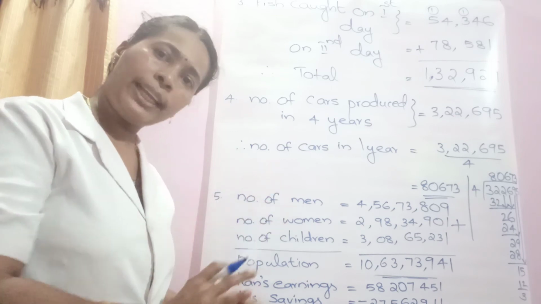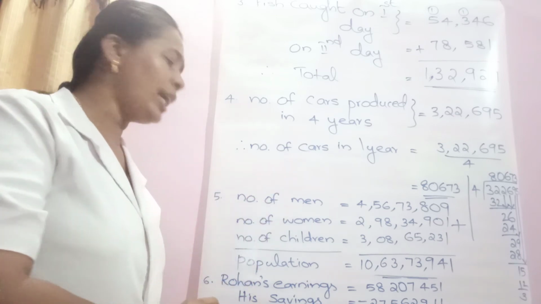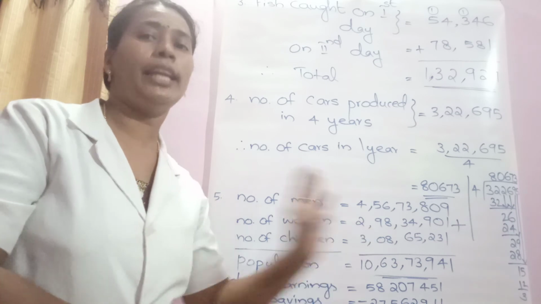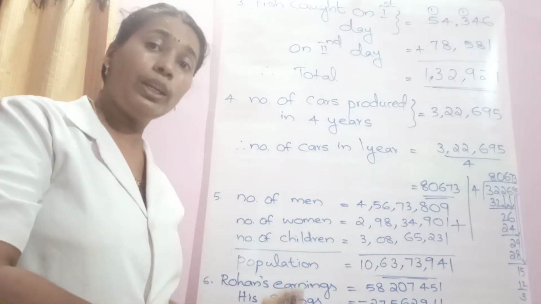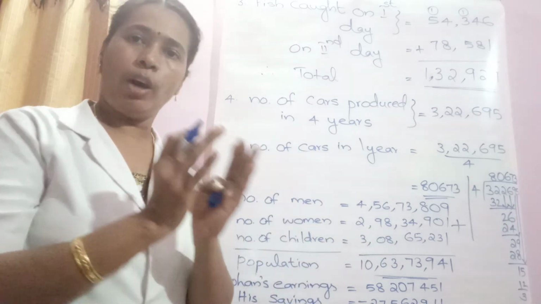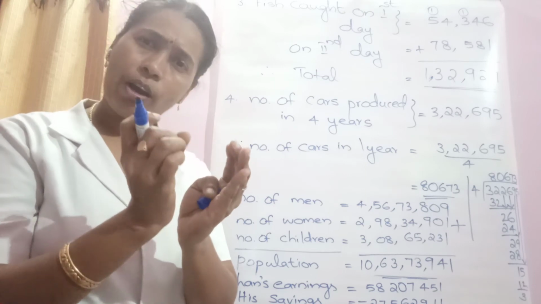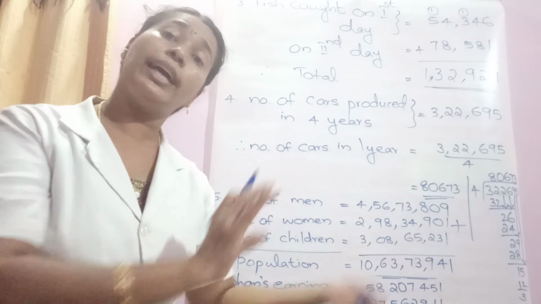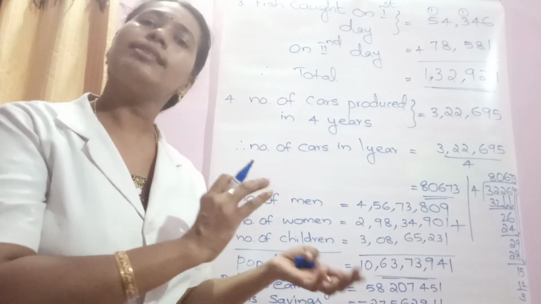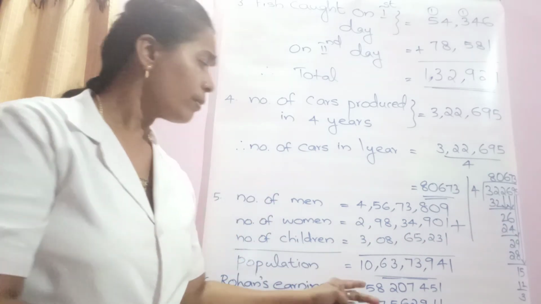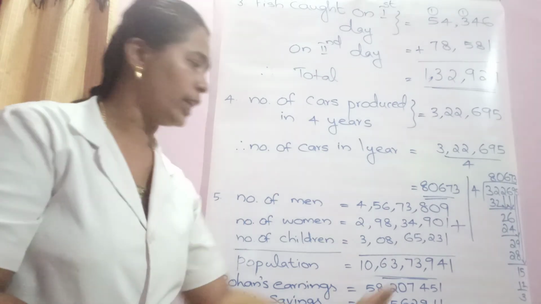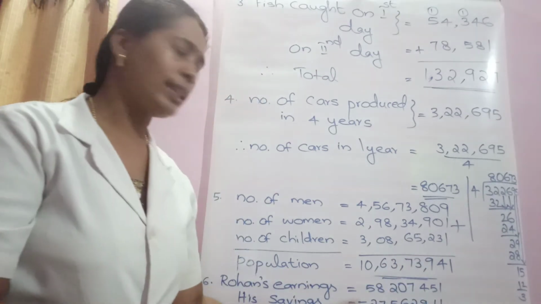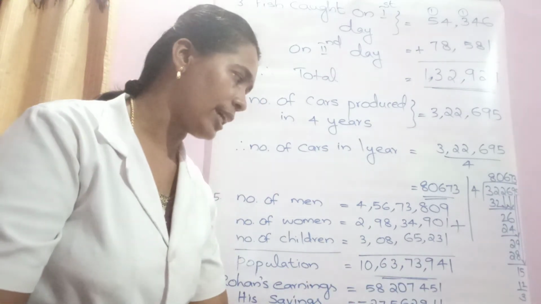Next, what they asked you is to find the amount spent by him. He got an amount and a small quantity he saved. Then how do we find the quantity that he spent? Just subtract, isn't it? So we just need subtraction. After subtracting it, we have an answer like this.